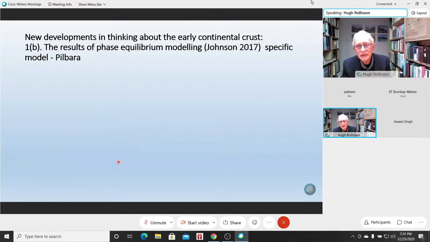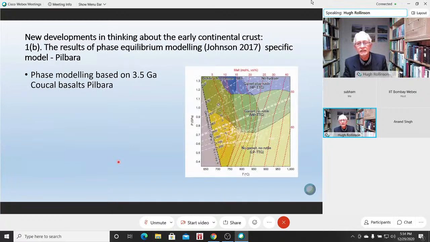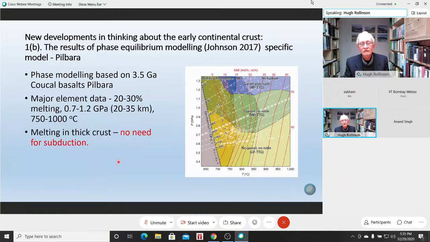Now, a similar study was carried out by Johnson and others, where they used a very specific example. They used 3.5 billion-year-old basalts from the Pilbara Craton in Australia, and they produced a very similar diagram. From their data, they suggested that, again, melting took place in a thick crust and there was no need for subduction.